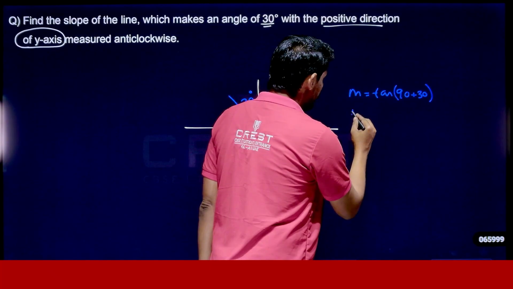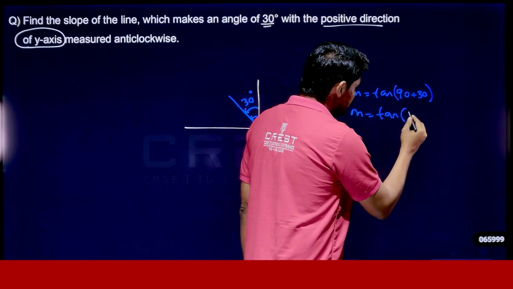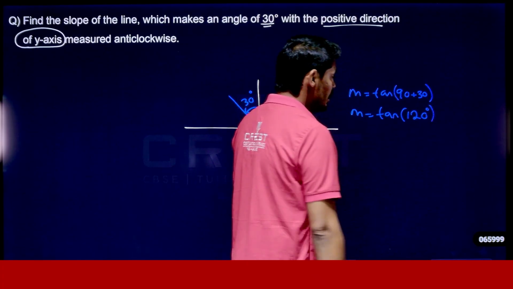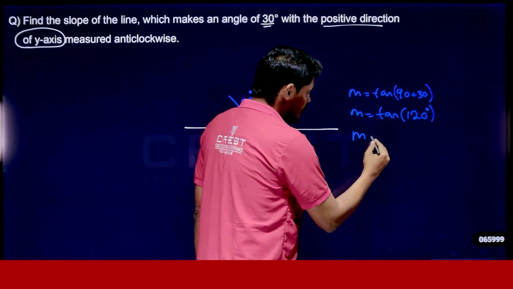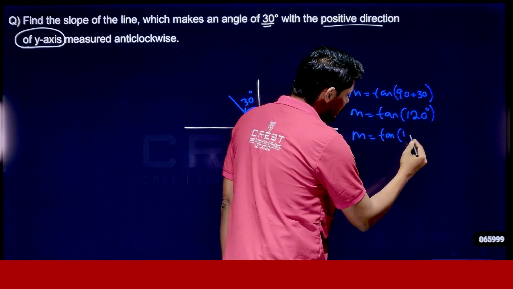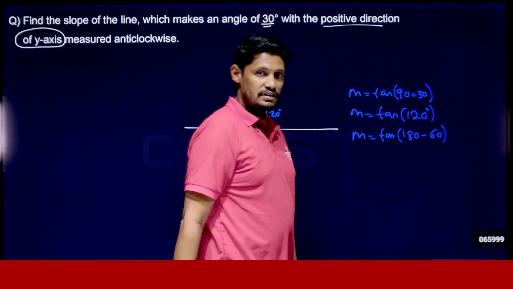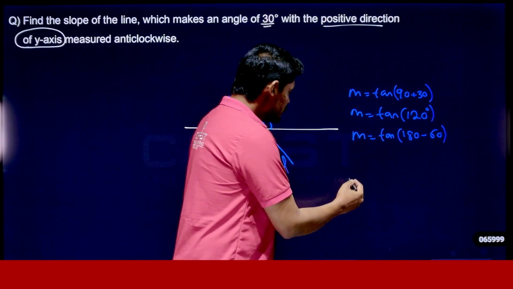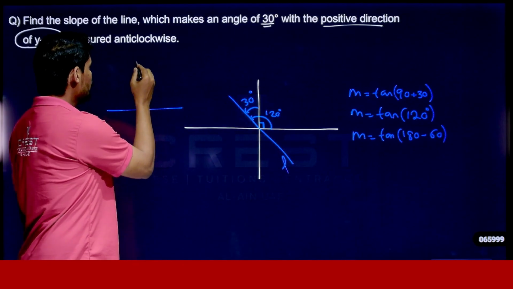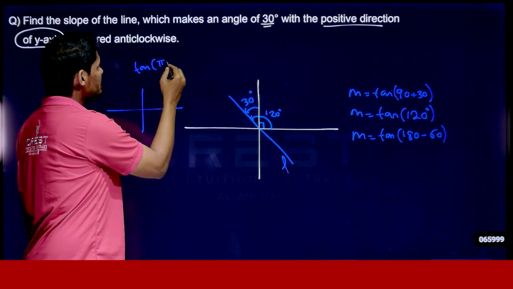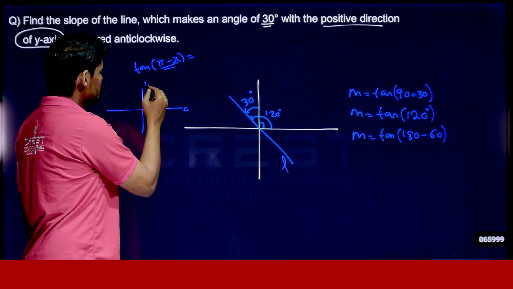So it becomes m equals tan of 90 plus 30, that is tan 120 degrees. And how can you solve tan 120? We can write it as m equals tan of 180 minus 60. 180 minus 60 is 120, and in trigonometry we studied that tan of pi minus x is in the second quadrant.